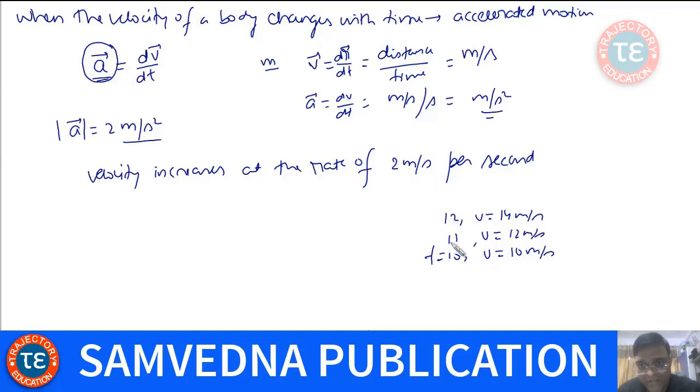Every second that passes, the velocity increases by 2 meter per second. So the acceleration is 2 meter per second per second. That's what it means.